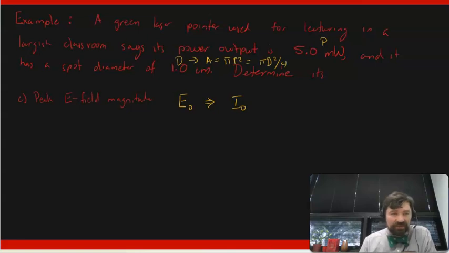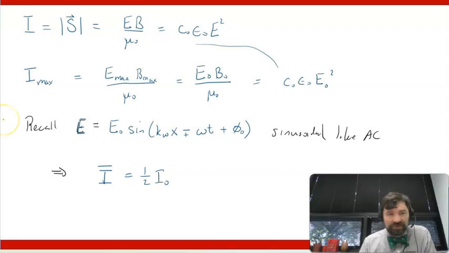You get that because the peak value of this would represent I naught, which from our previous slide is E naught B naught over mu naught, but is also c naught epsilon naught E naught squared.